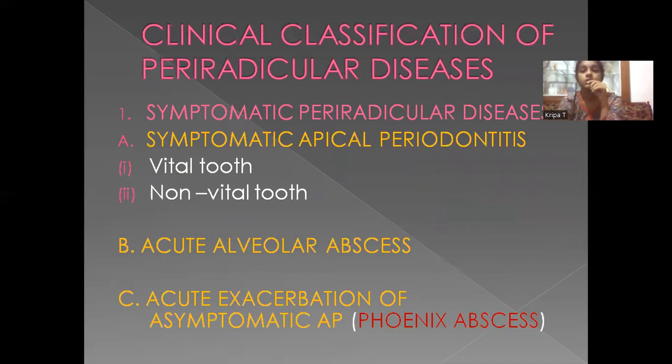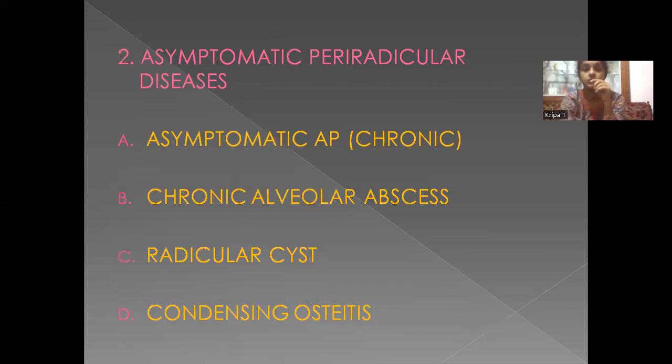So now, the clinical classification of periradicular diseases. Symptomatic periradicular disease is subdivided into symptomatic apical periodontitis, which can occur either in a vital tooth or in a non-vital tooth, acute alveolar abscess, and an acute exacerbation of an existing chronic lesion, which is phoenix abscess.